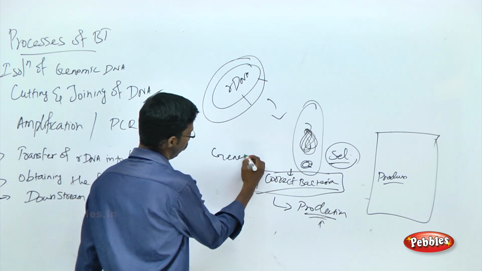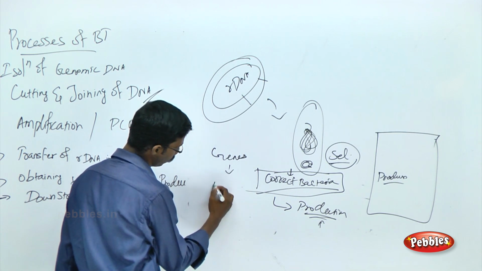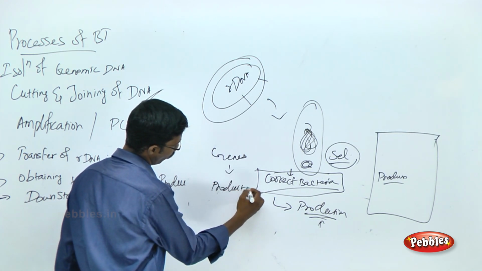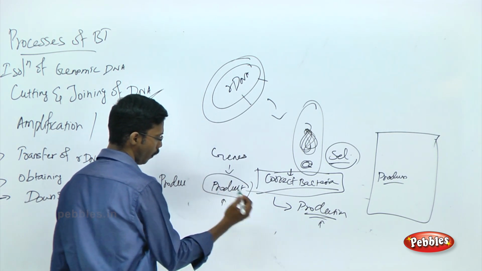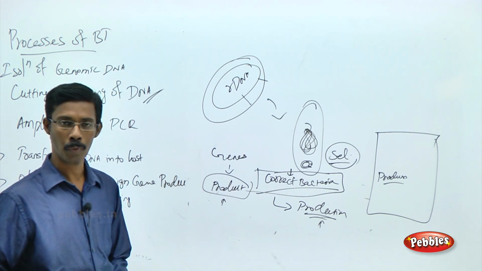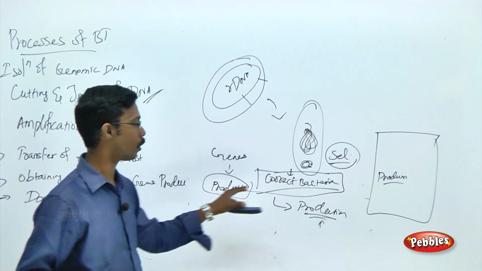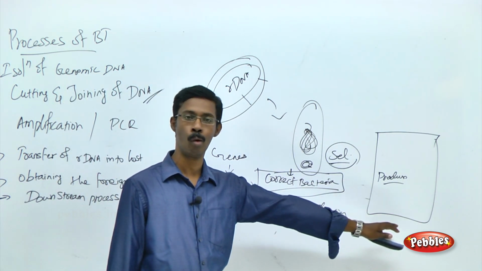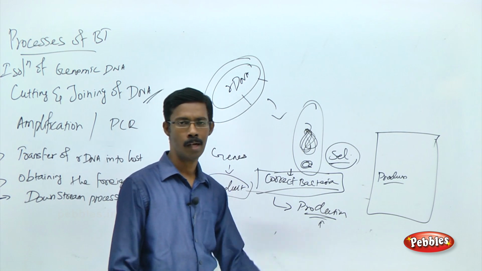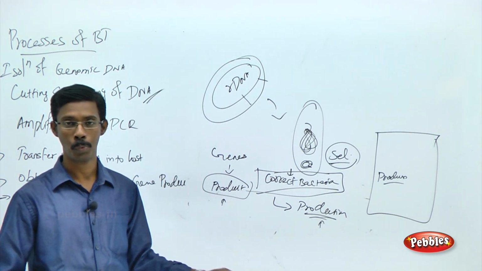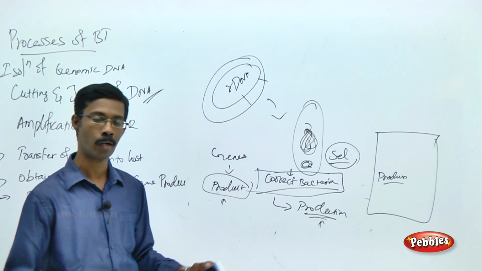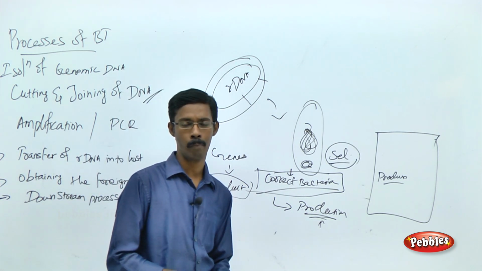In suitable conditions, the genes will be expressed into product, and we produce a huge amount of product within bioreactors or fermenters. Now you have huge volumes, some gallons of product, in the fermenter or bioreactor.